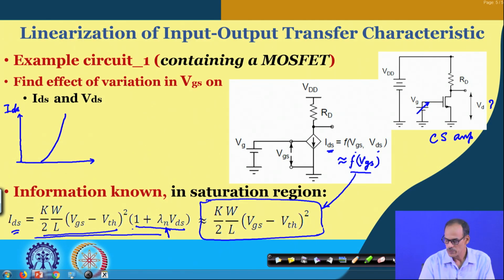And then to find the output voltage, either you say this is Vg or Vgs, and to find the corresponding output, what we do? We consider the load line as well.